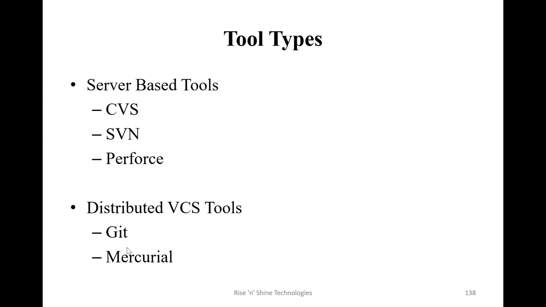The latest architecture is the distributed version controlling tools. Git is available, and we have some other tools like Mercurial. But Git is the famous one. On the basis of the architecture designed internally, we categorize version controlling tools as server-based and distributed. Server-based is a client and server architecture, like the Apache server, if you understand it. Apache server is a client and server, right?